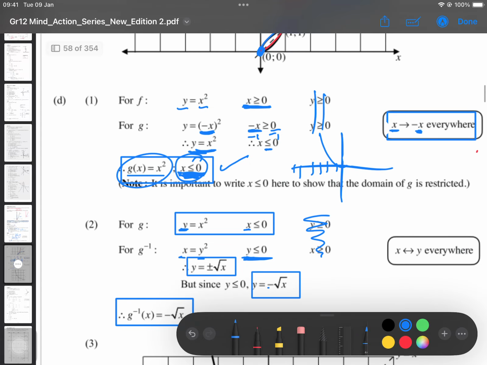That means you can say, okay, let me use 0 to 0, negative 1 to 1, and then maybe negative 2 and 4. So negative 2 and 4 will be there.